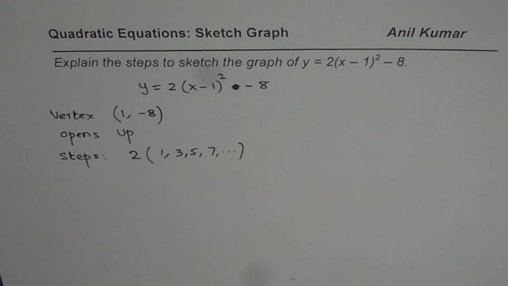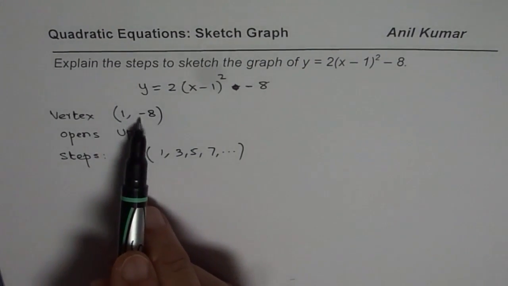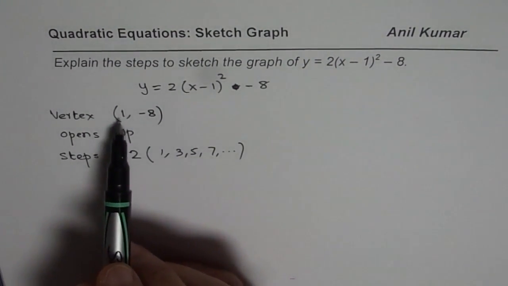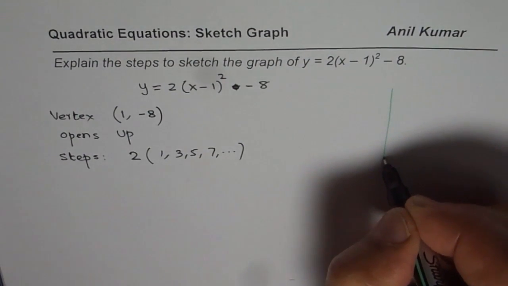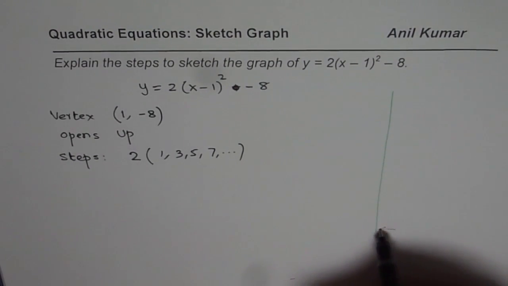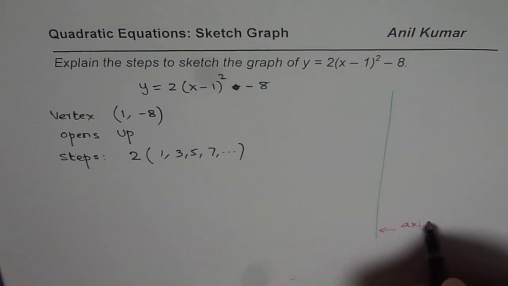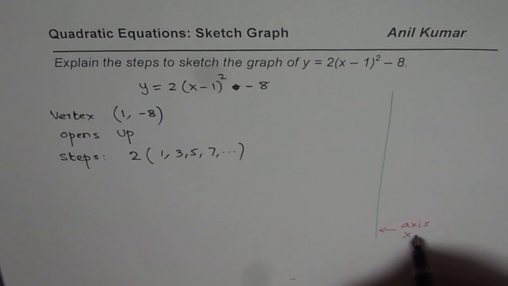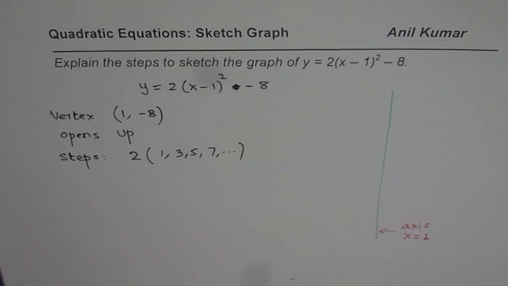So what we are saying is that the vertex is (1, minus 8). It really means that the axis for the graph is x equals 1, correct? So we'll write this as axis, right? This is our axis. And the equation of axis is x equals 1, right?